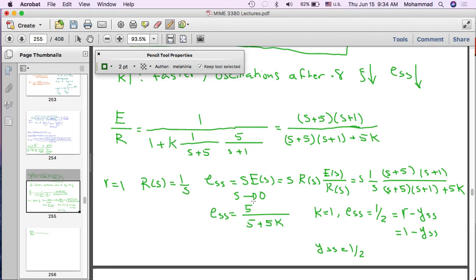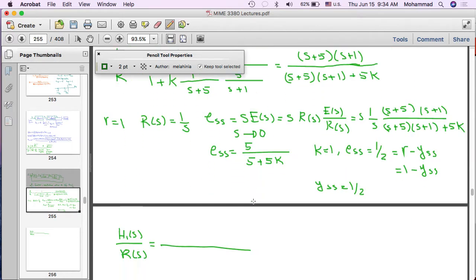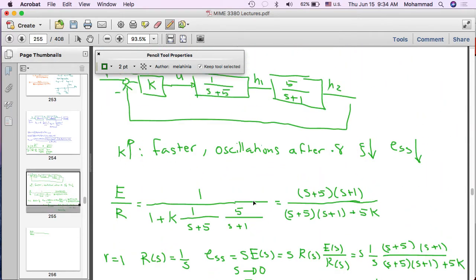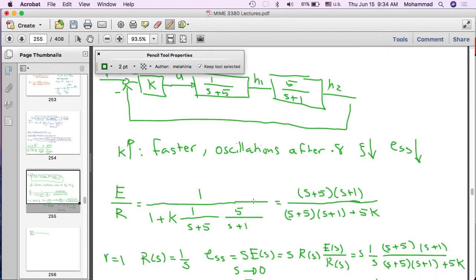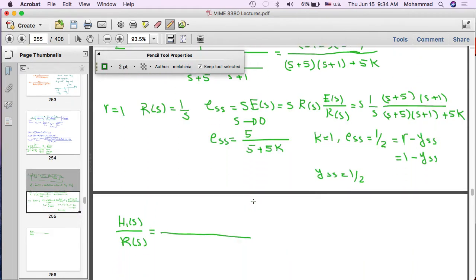Tell me how you find it, and then so what goes in the numerator? So let me bring the block diagram. What goes in the numerator? K times 1 over S plus 5. And the logic is these are the two blocks sitting between R and H1. R as input. Okay, so let me put that down. In the numerator goes K times what? 1 over S plus 5.